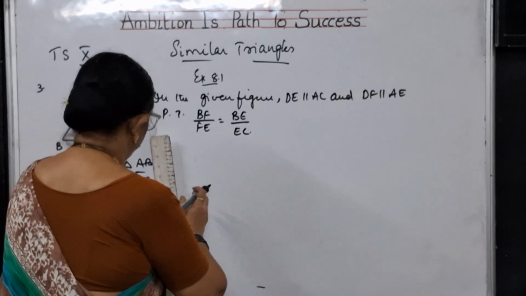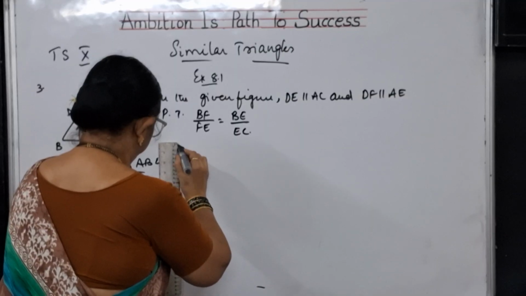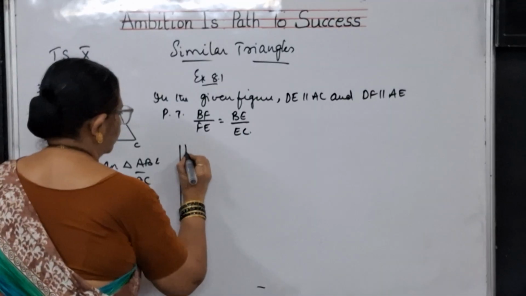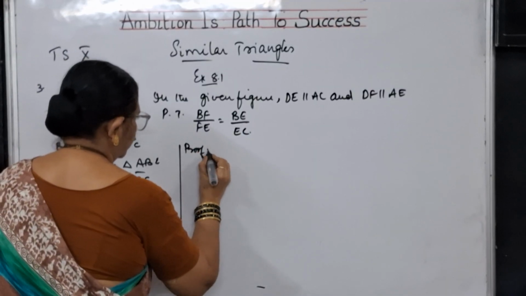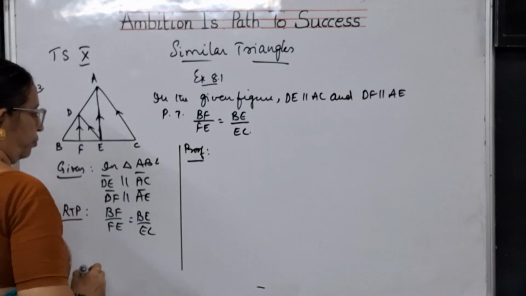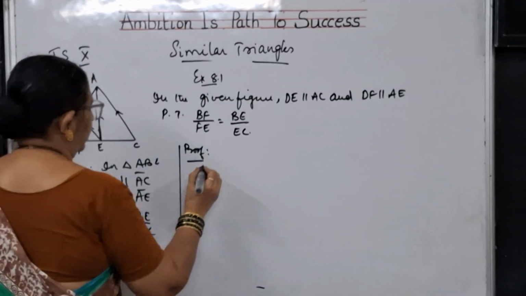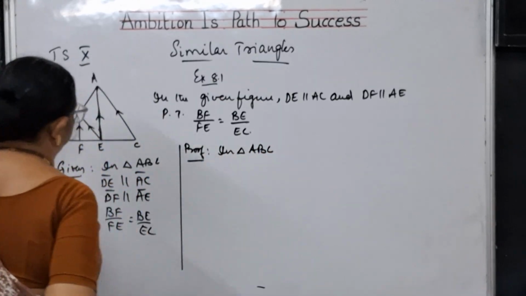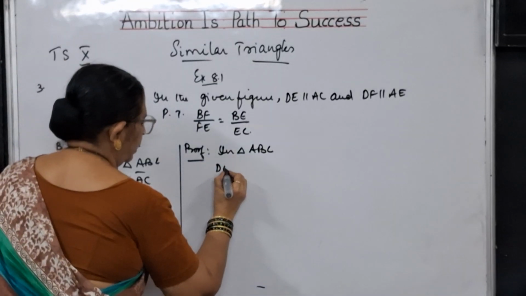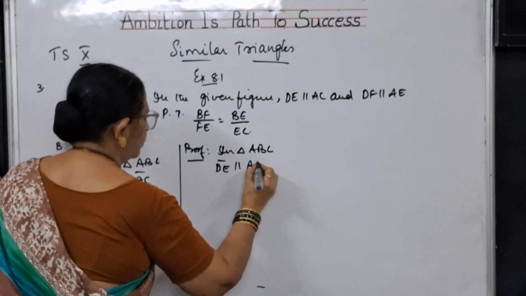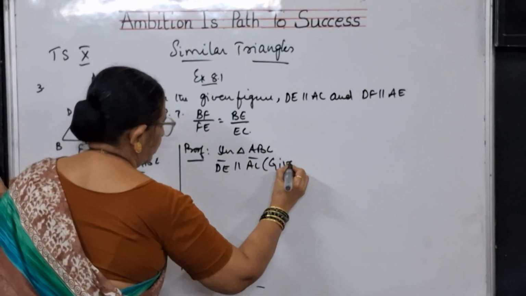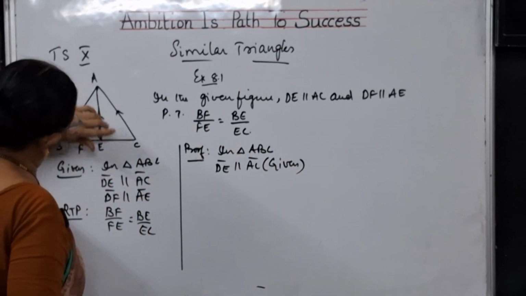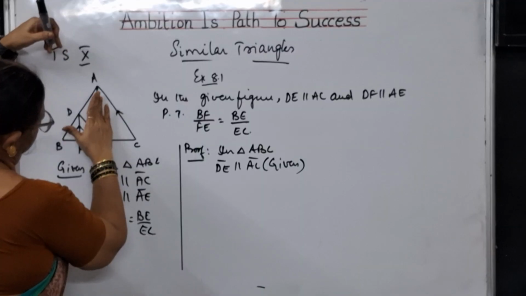Now let us see the proof. Now in triangle ABC, DE is parallel to AC. This is given to us. See children, DE is parallel to AC. Forget about this line.